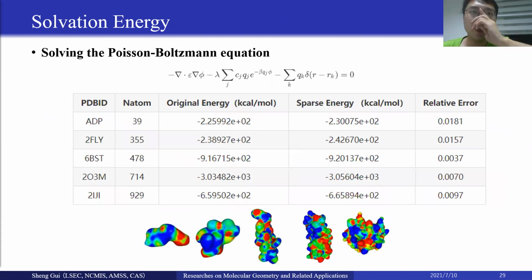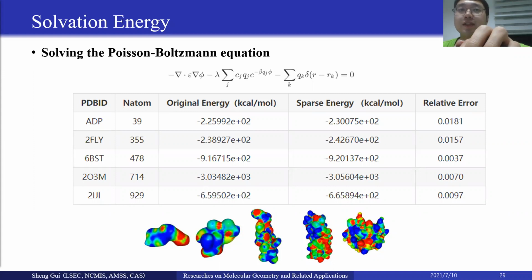We here also tested the applicability of the original and the sparse surface in the computation of Poisson-Boltzmann equations. Using the boundary element method, the software used is a publicly available PB solver, AFMPB.